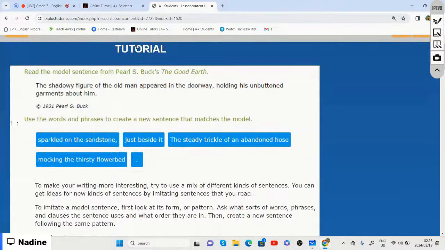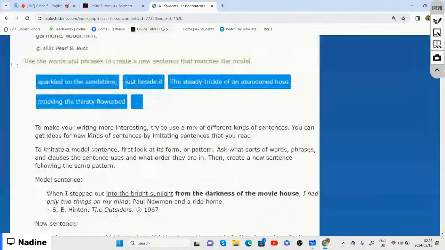So based on the model sentence, we can get ideas for new kinds of sentences by imitating model sentences or sentences that you have read. To imitate a model sentence, you first need to look at the form or the pattern. Ask what sort of words, phrases, or clauses the sentences use and what order they are in, and then we create a new sentence making the same pattern.